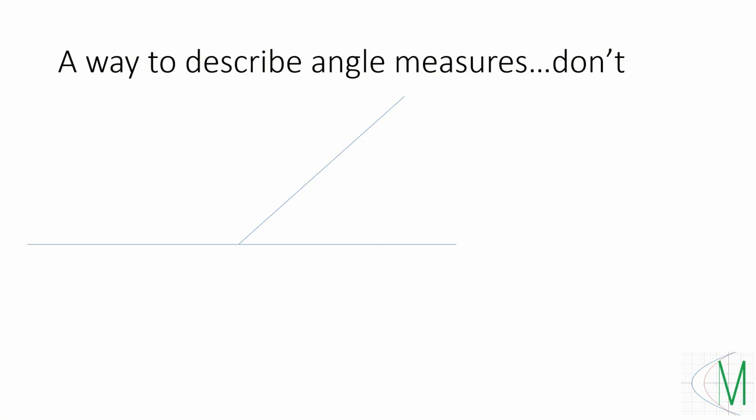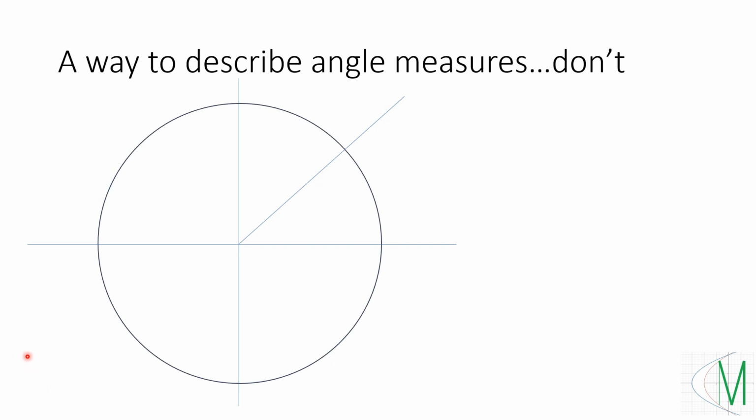Okay, so to do that, I'm going to put this on a coordinate plane. That means the first line that was on the screen, this horizontal line here, is going to be my x-axis, so I have to put in a y-axis, a line going vertically.